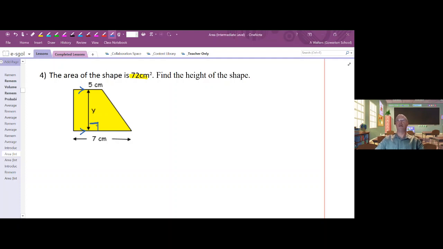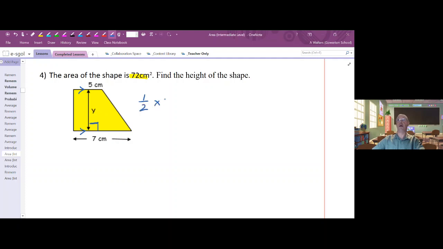Pause the screen and give yourself a moment, and when you're ready to resume, press play. So assuming you've had enough time to do that, and if not, pause now and then play when you're ready. This is what you should be saying.